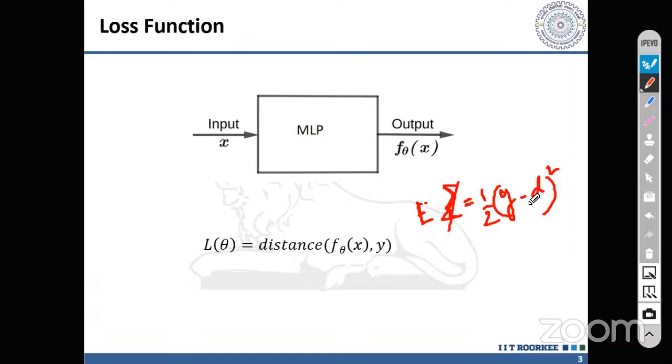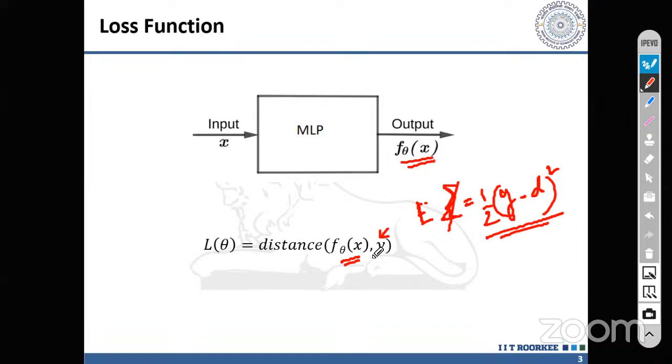So you can consider this a loss function. This is the loss. Whatever architecture you build, you had some actual outcome. Y is the actual outcome, and you are predicting something. So f theta x is the prediction.